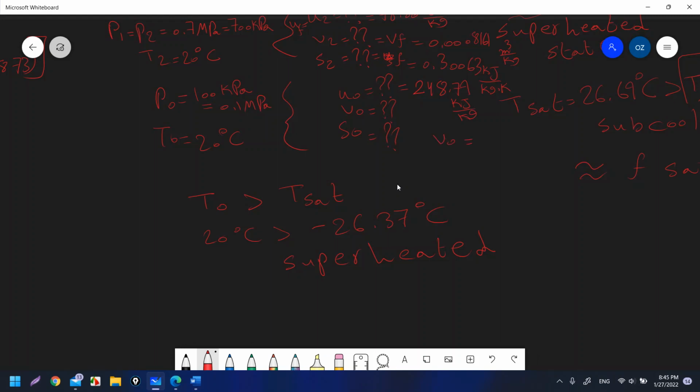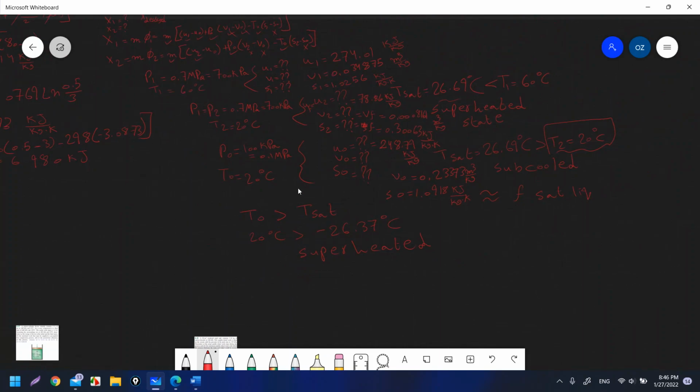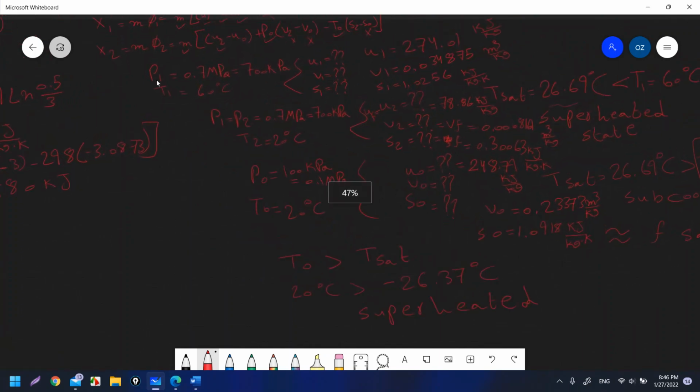V naught will equal 0.23373 meter cubed per kilogram. S naught will equal 1.0918 kilojoule per kilogram Kelvin. Okay, so you found every property for every state.